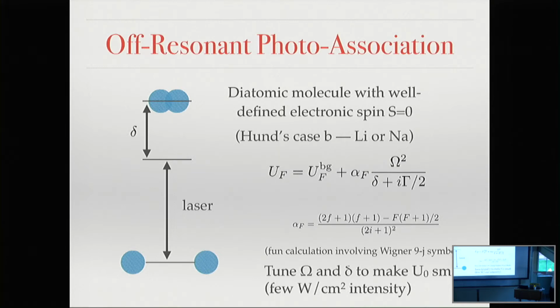Sorry, I misspoke when I said this only couples to the F equals 0. This actually couples to all the F's, but it remains rotationally symmetric, so it doesn't mix the different F's. That's really what I want to say. If this was not an electronic S equals 0, you'd end up mixing the different F's, because there's a directionality of the polarization of the light that comes in. So that's really why I needed the S equals 0.